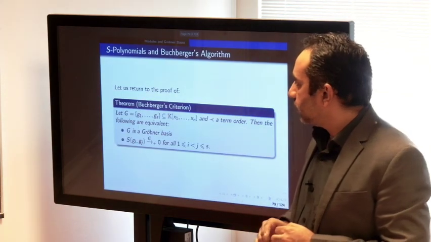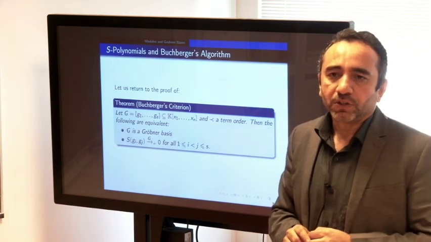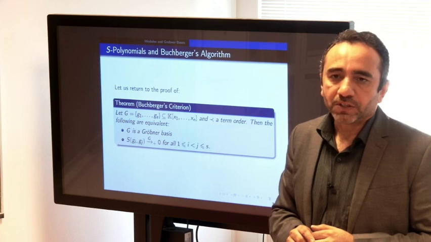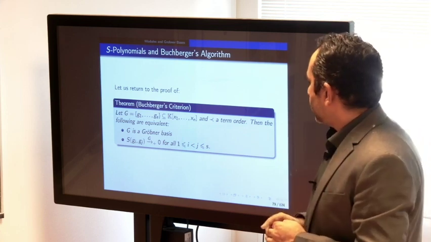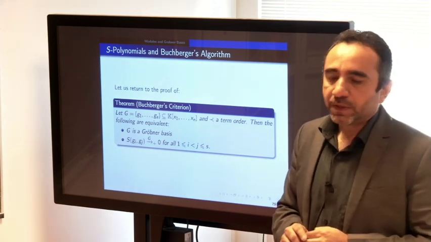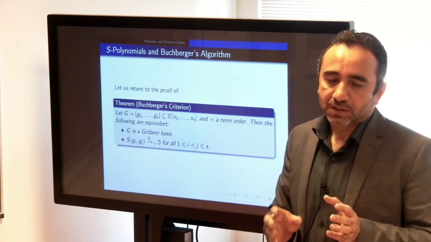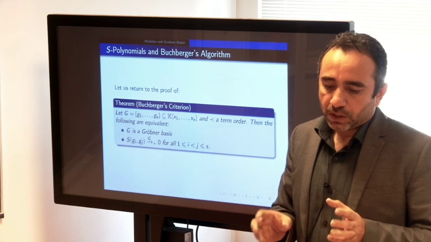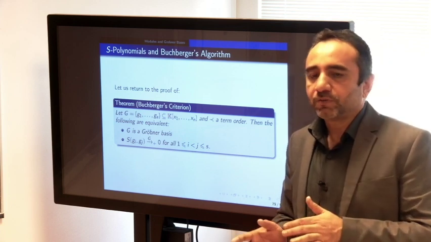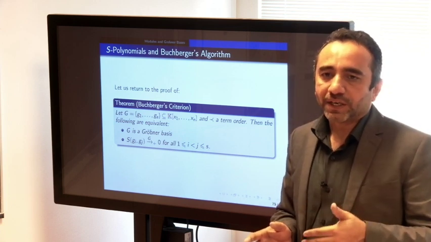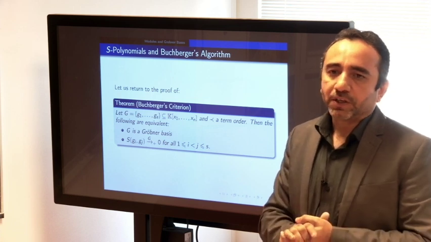This is the result: if you are given a set of generators G1 up to Gs, and we have fixed a term order, then the following are equivalent: G is a Gröbner basis, and all S pairs of those Gi's go to 0 after we reduce them with respect to the original set G. That is the criterion we need to show.